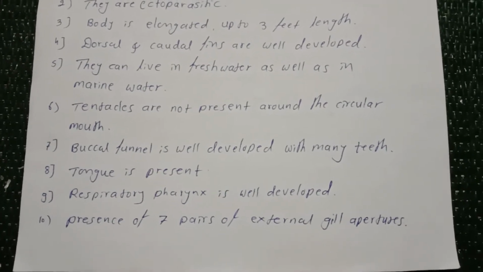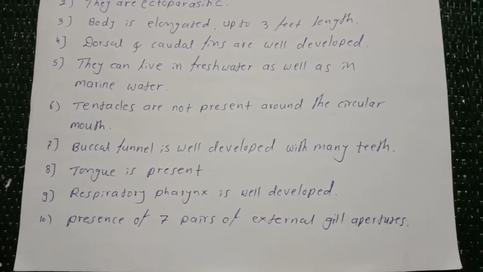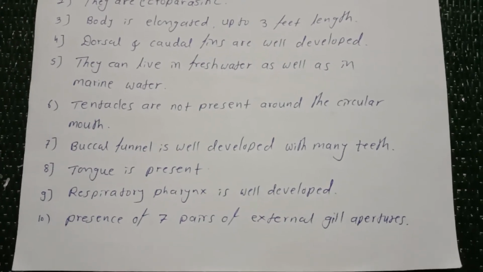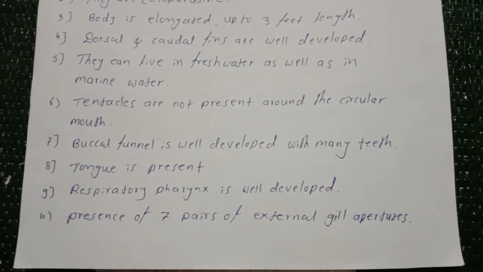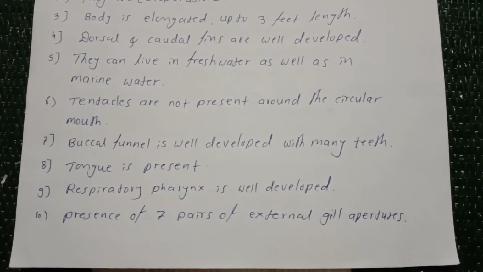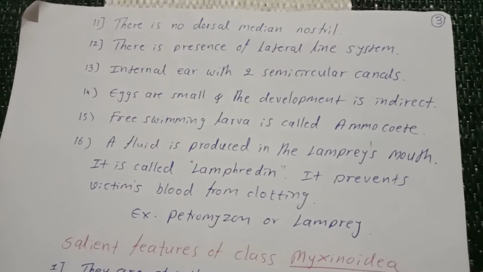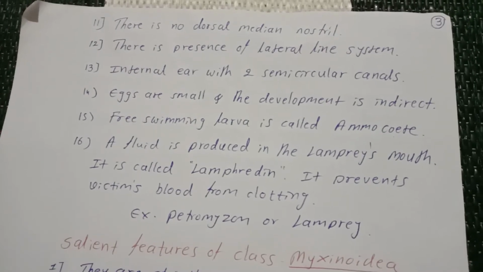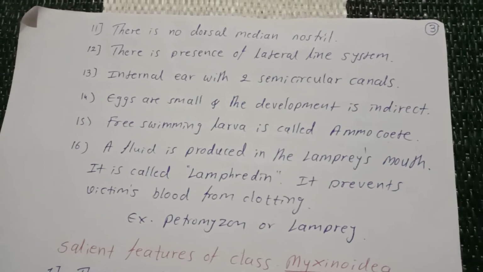Respiratory pharynx is well developed. That is, this pharynx is helpful for the respiratory system. Then there is presence of 7 pairs of external gill apertures, that is 7 pairs of external branchial apertures are seen.